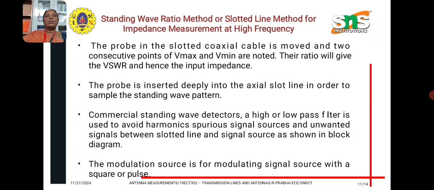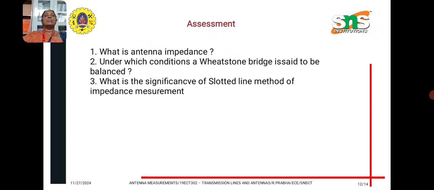The ratio Vmax to Vminimum will give the VSWR, which gives the input impedance. The probe is inserted deeply into the axial slot line in order to sample the standing wave pattern. In commercial standing wave detectors, a high or low pass filter is used to avoid harmonics, spurious signals and unwanted signals between the slotted line and signal source as shown in the block diagram. The modulation source is for modulating the signal source with a square or pulse.